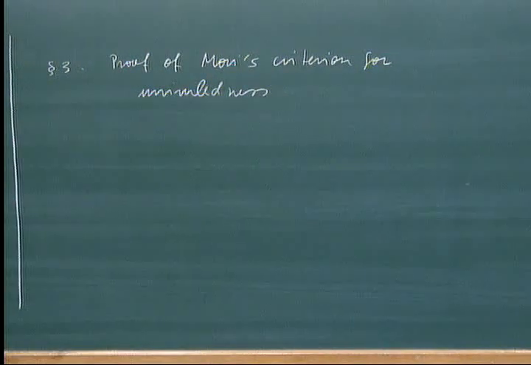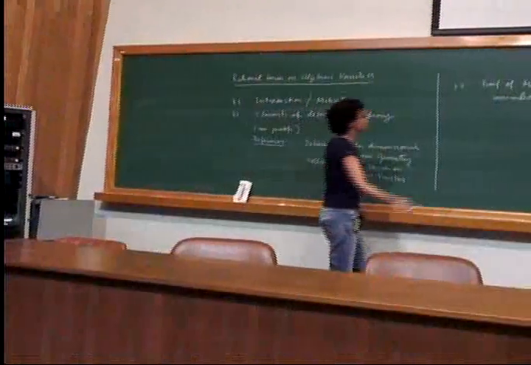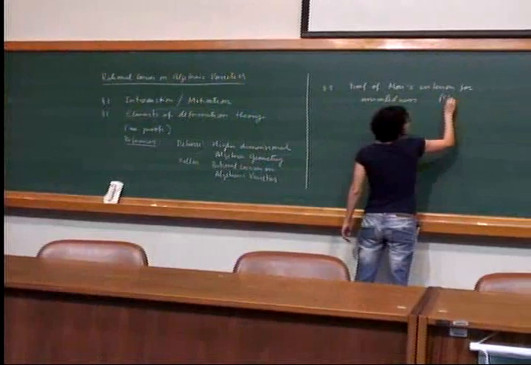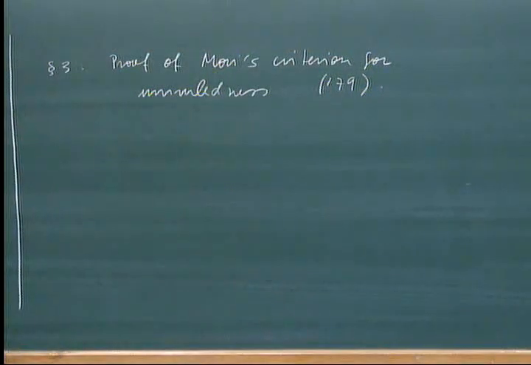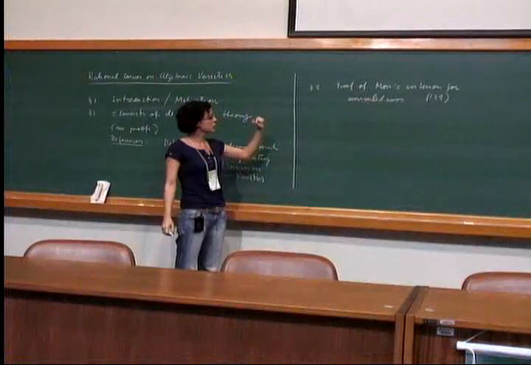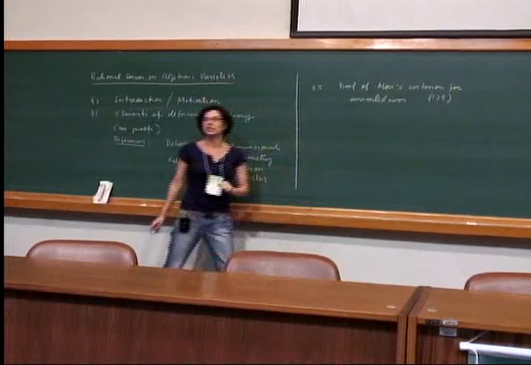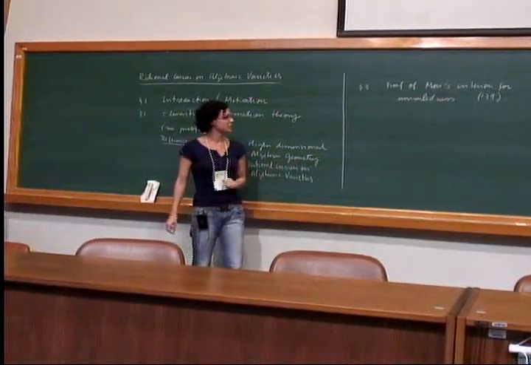This is a very important result, and it's classical by now. It is from '79. I've decided that if I want to prove something in this course, I will prove this result, because I believe that every algebraic geometer should see at least once the proof of this result.